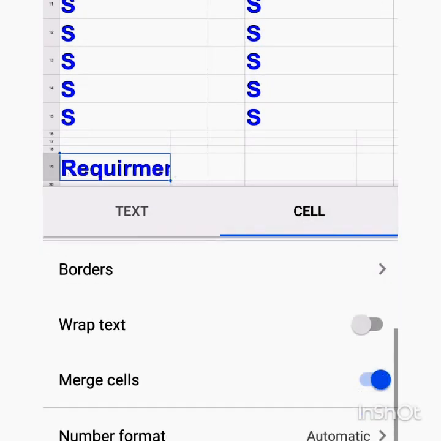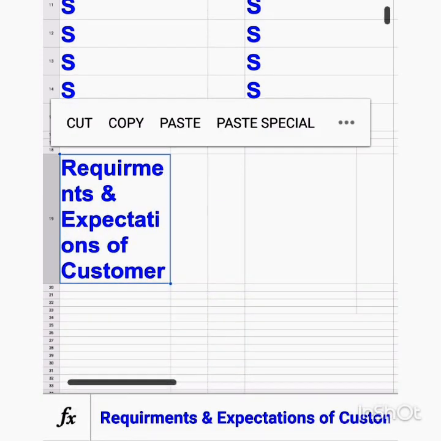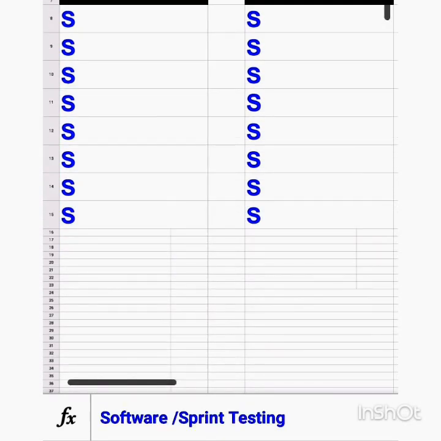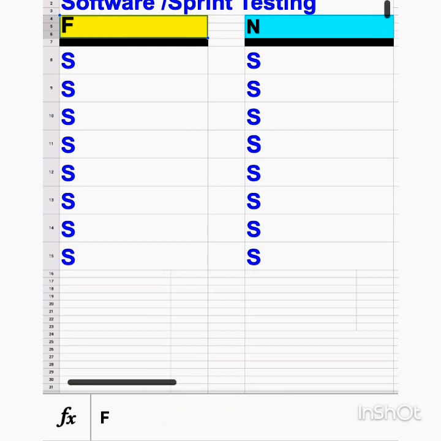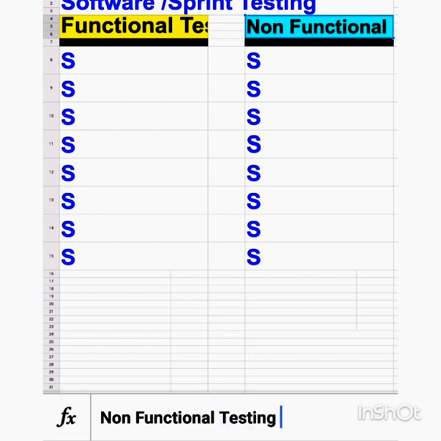In the same way, software testing is done in two ways, meaning two types. The first one is functional testing, and the next one is non-functional testing.